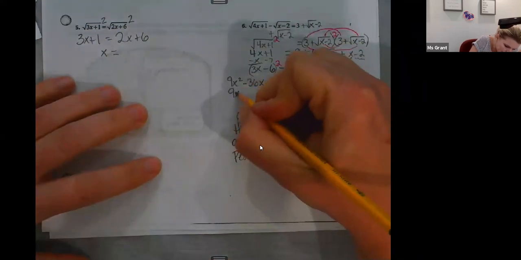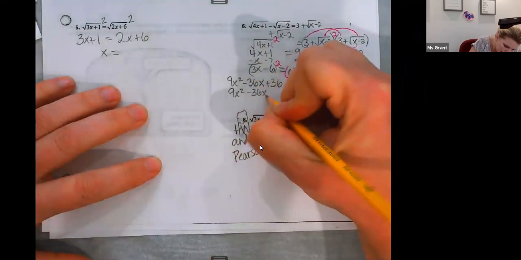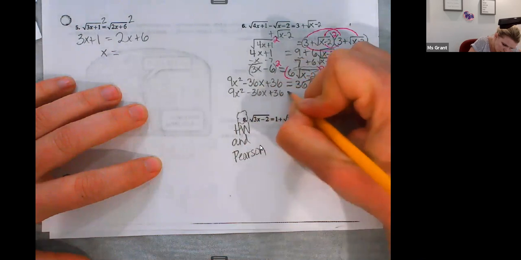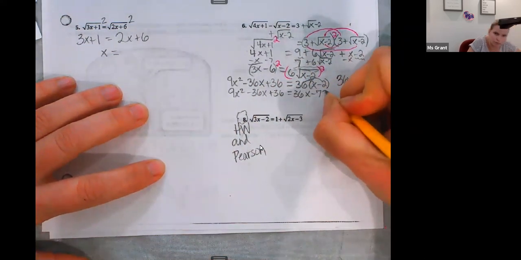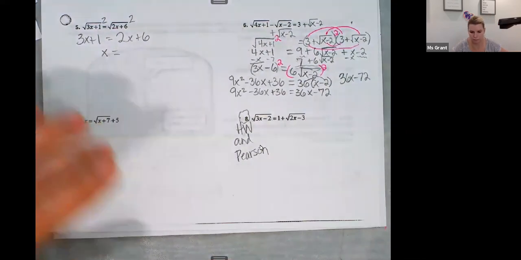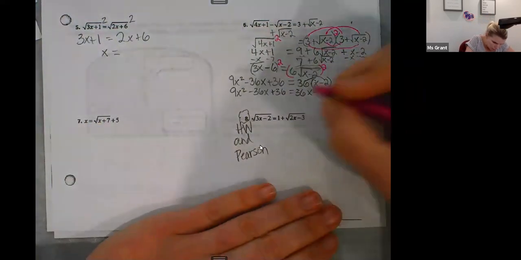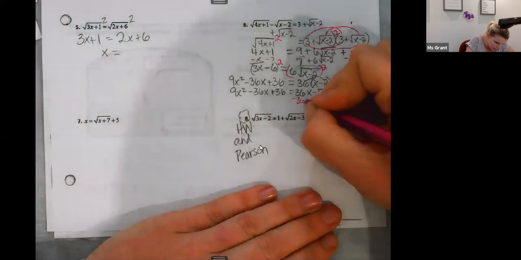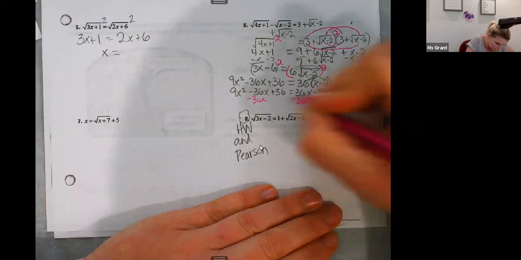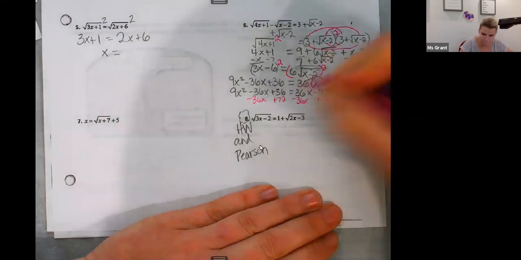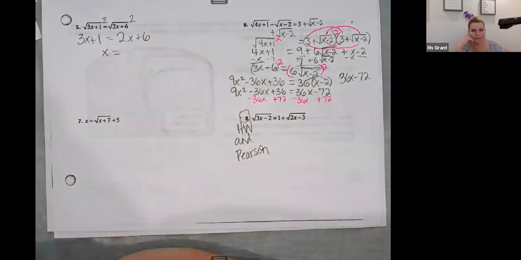9x squared minus 36x plus 36 equals 36x minus 72. Move the 36x over. Add the 72 to both sides.